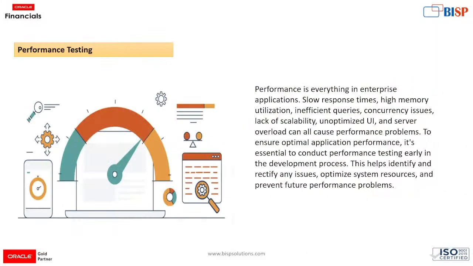Performance testing is requested to assess the performance of Oracle Fusion after migration of data from QuickBooks. The objective is to ensure that the system can handle the same level of workload as it did before migration.